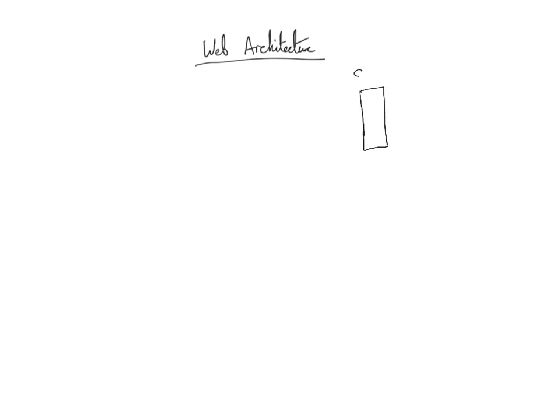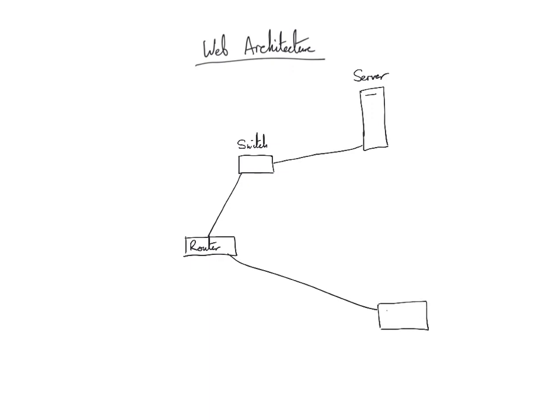So we have this computer called a server. This is a computer that sits on the internet, and that can connect to different styles of device. We might have a switch, there might be a router, might be a hub, and attached to the hub we might have a few client computers.